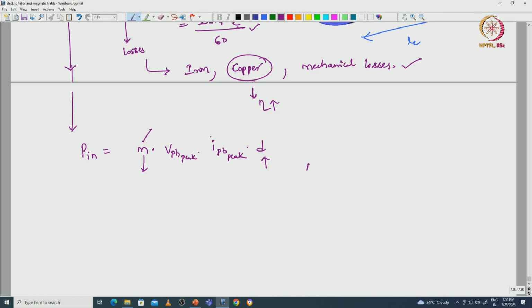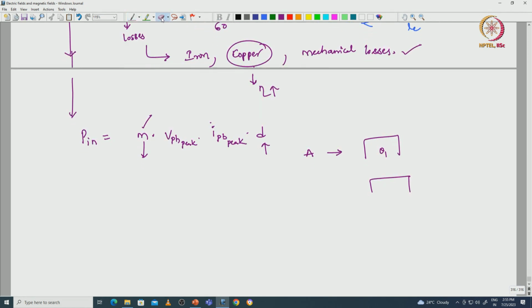Let us say A phase winding we are exciting for a duration of theta 1. Next B phase winding we are exciting after theta 1, from theta 1 to theta 2 duration. Next C phase we are exciting in this fashion. So, the duty cycle represents the excitation pulse.